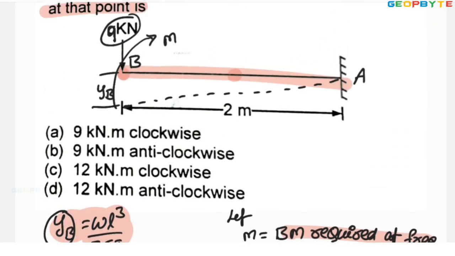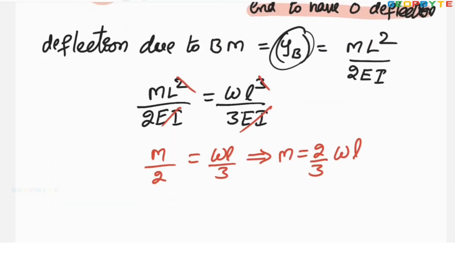Look at the W value. W is given 9 kilonewton. The length is given 2 meters. So bending moment M equal to 2 by 3 into 9 multiplied by 2.